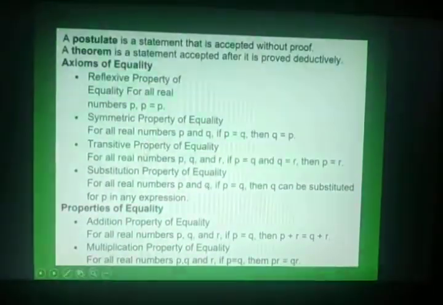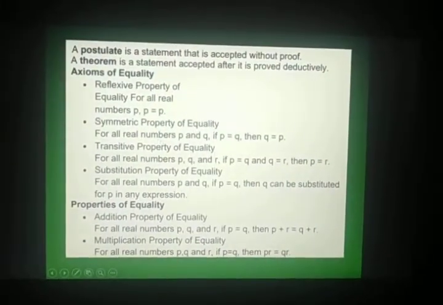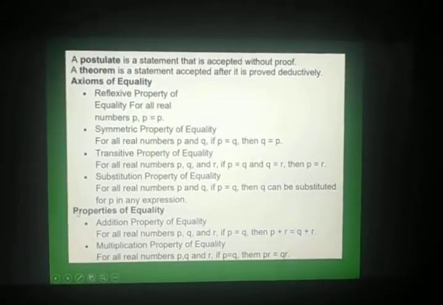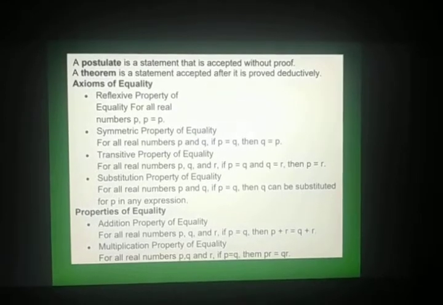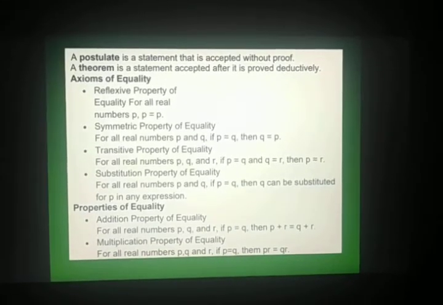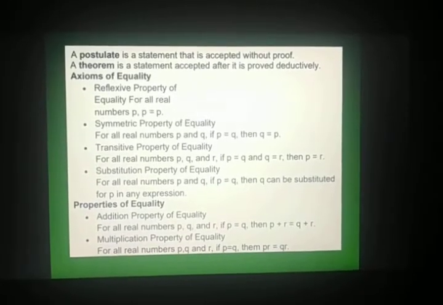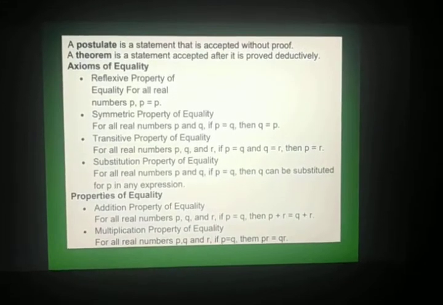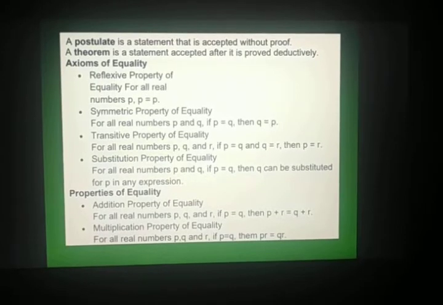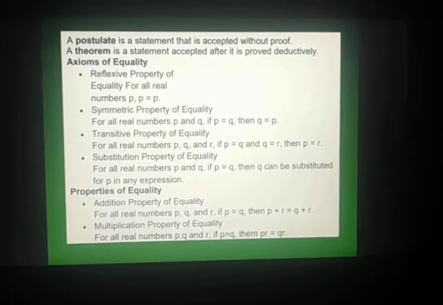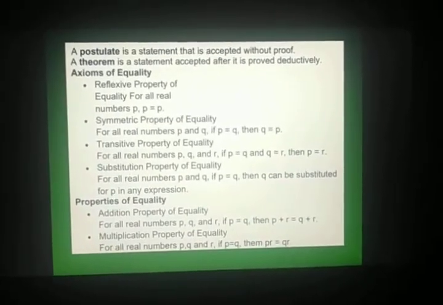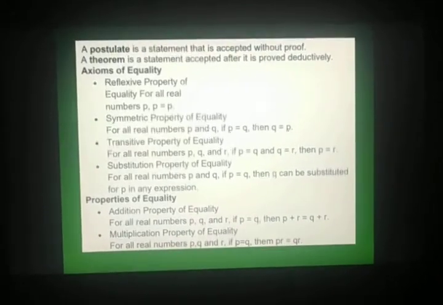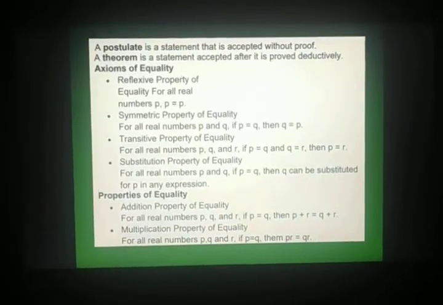Next. Here are definitions of our defined terms. We have postulate, theorem, the axioms of equality. Let me read that to you. A postulate is a statement that is accepted without proof. A theorem is a statement accepted after it is proved deductively. We will have a specific lesson for that. For now, they are just being described and defined.